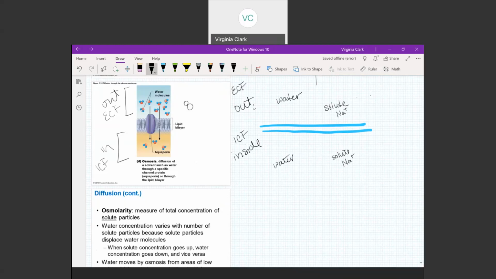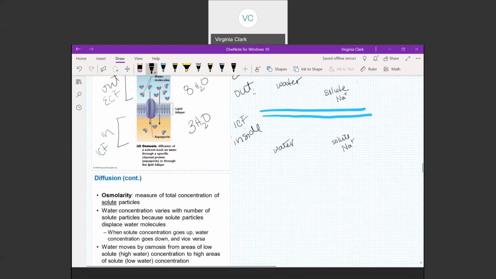There are 8 water molecules on that side, and 1, 2, 3 water molecules on this side. So you can have a different amount of molecules on either side. The osmolarity is the measure of the concentration of solute. It's how many molecules there are on either side. So osmolarity will be the solute particles.